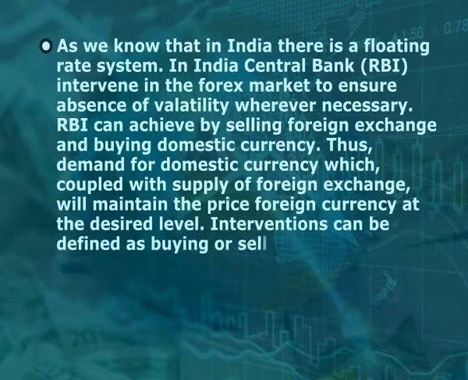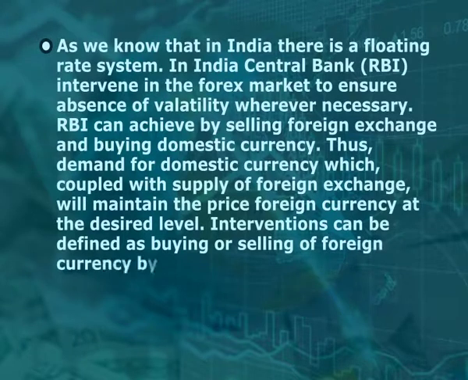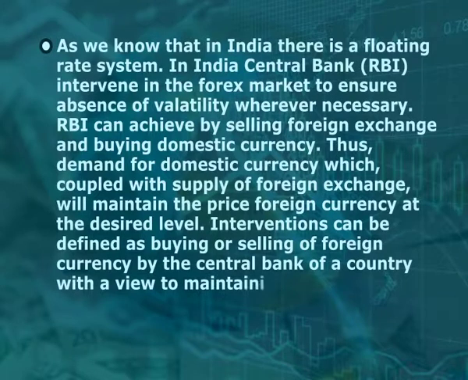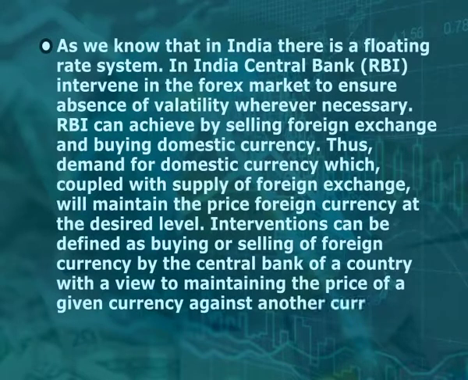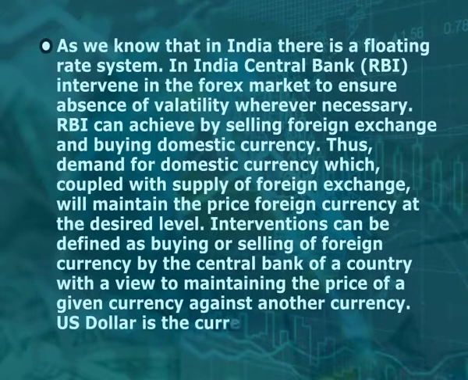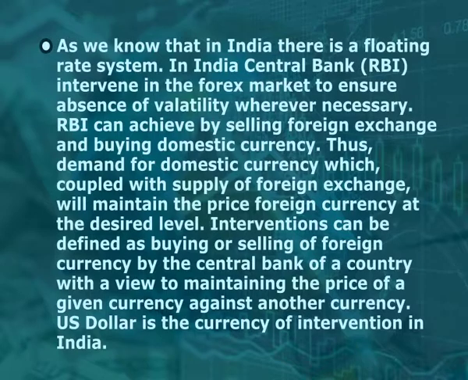Interventions can be defined as buying or selling of foreign currency by the central bank of a country with a view to maintaining the price of a given currency against another currency. The US dollar is the currency of intervention in India.